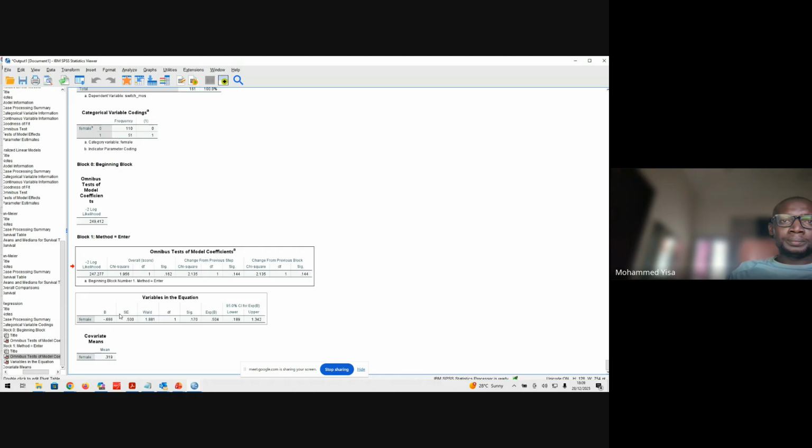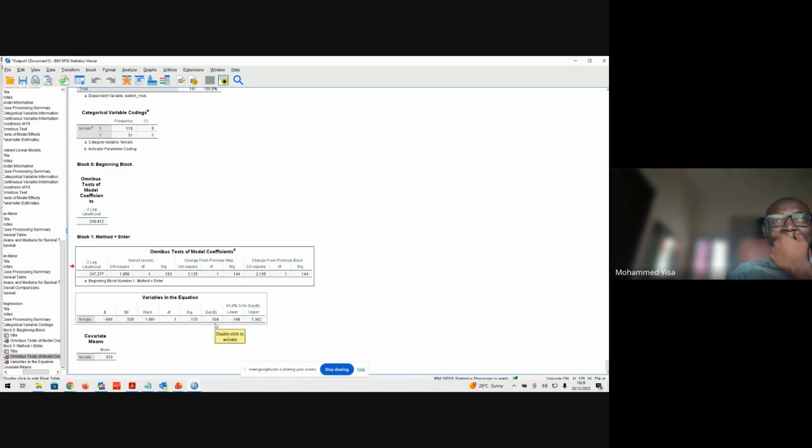Now, this is our coefficient for the hazard ratio. And then when you exponentiate that, it gives you 0.5, so about 50%.